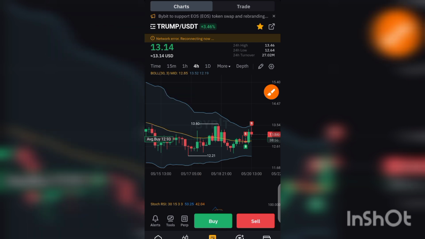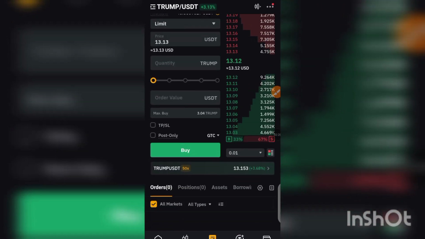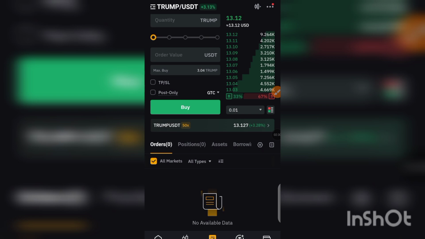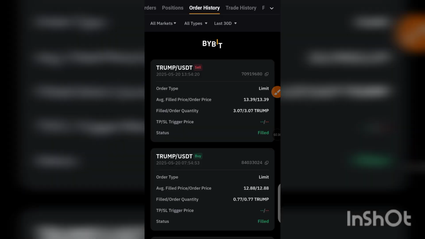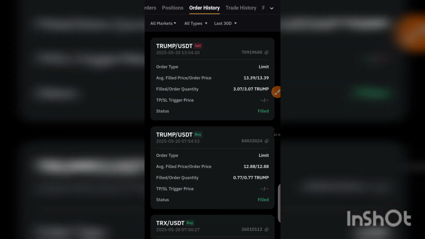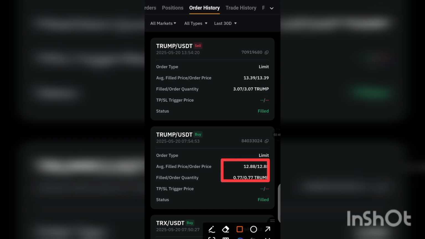If I go to my trades today, let me show you. I want to give you a live analysis of what I'm talking about. You can see over here that I opened a trade at 12.88. The price of Trump was at 12.88.